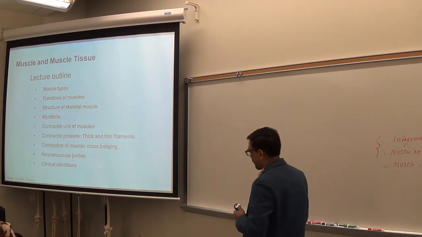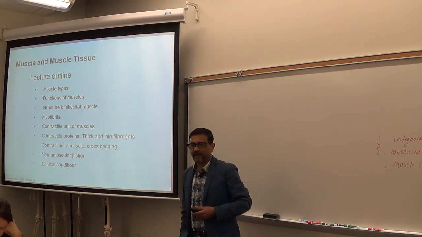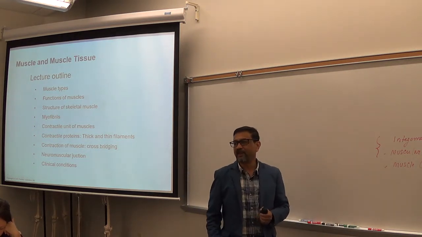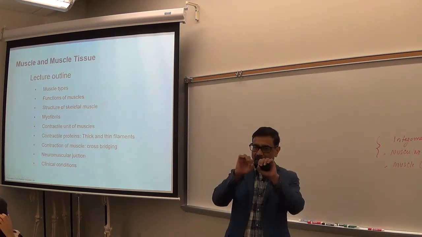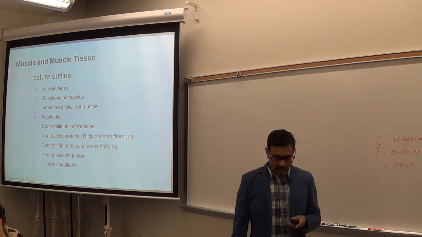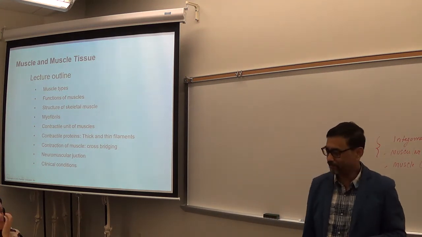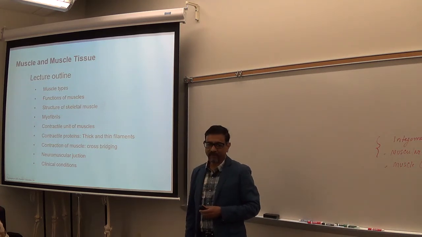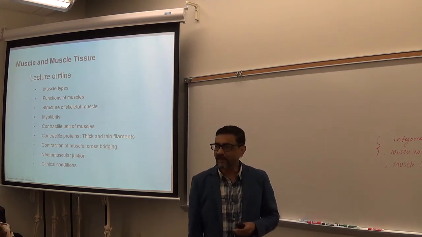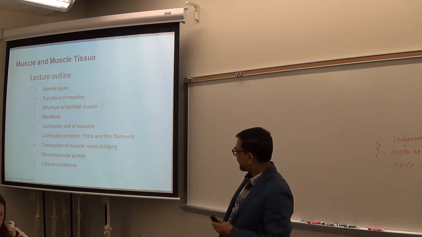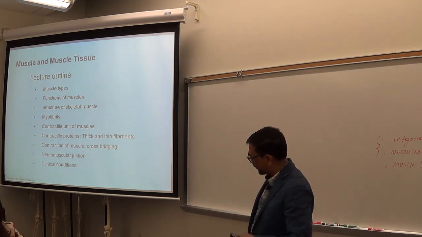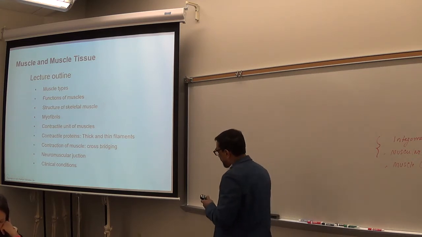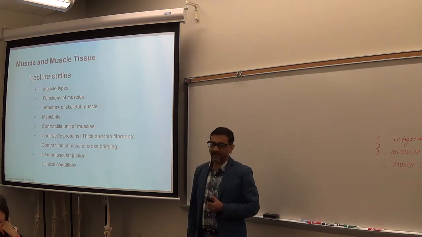Then we'll talk about a very important structure, a thin rod-like filament called myofibril. Inside the skeletal muscle you have myofibrils, those thin filament or rod-like structures. Then we'll talk about the contractile units.